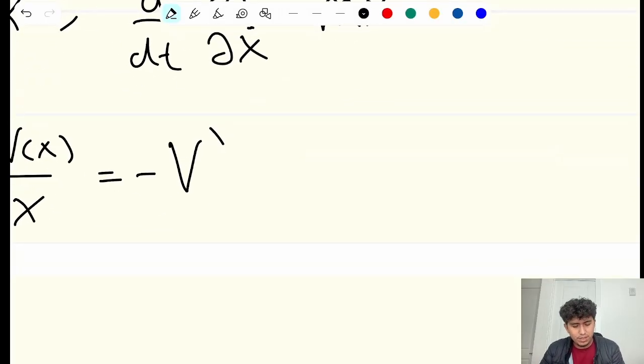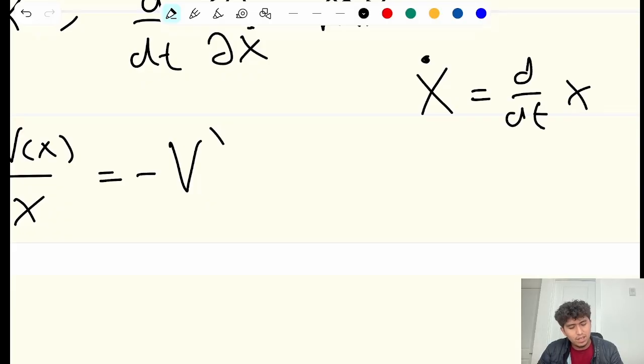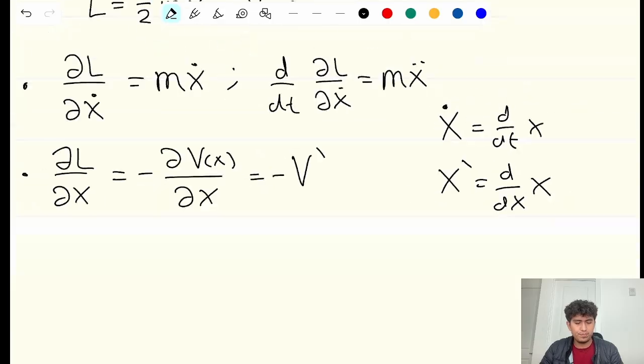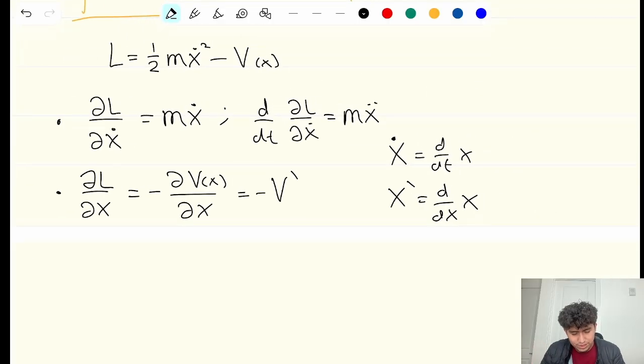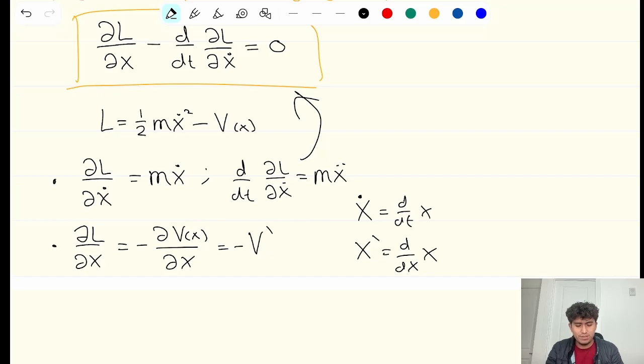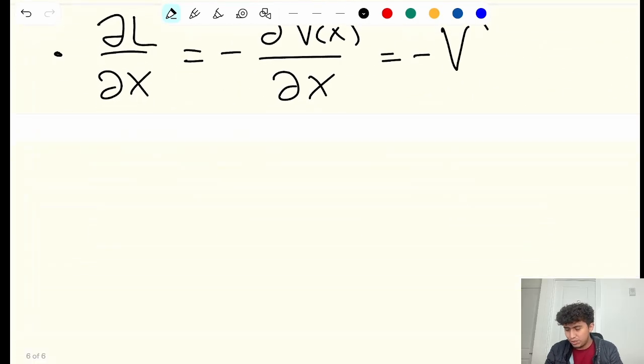Whenever I say b prime, this is a spatial derivative. If some quantity has a dot, that's d/dt. Whenever a quantity is prime, that's d/dx, or spatial. Cool. Conventions. And then if you combine these two into the equation, just plug and chug, that's going to give you the equation of motion.